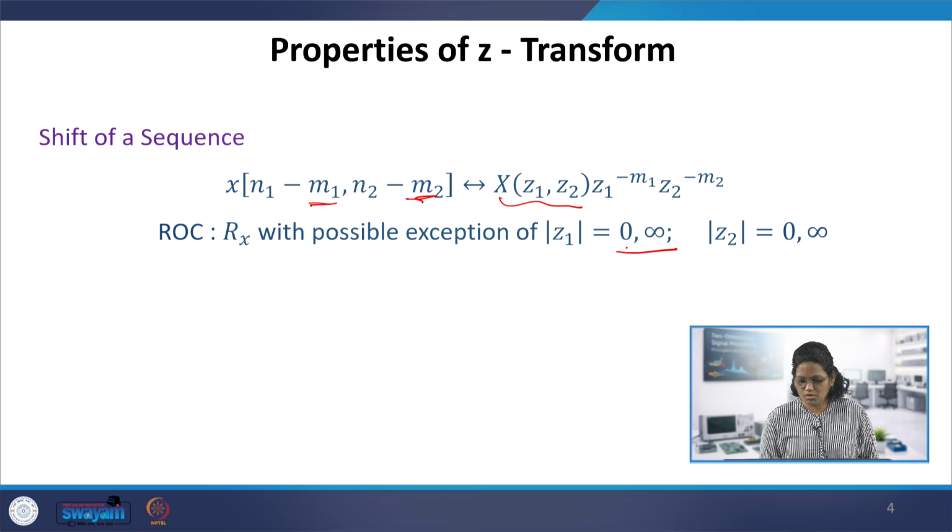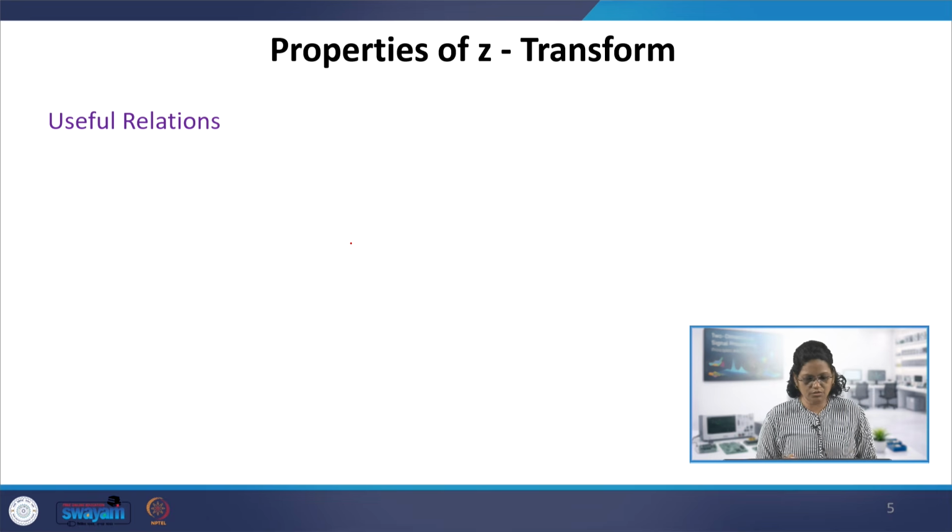So except for these points, z1 and z2 at 0 and infinity in the z1 z2 plane, the other places are applicable for convergence. It should not have the value 0 or infinity. This is for the shifted sequence.